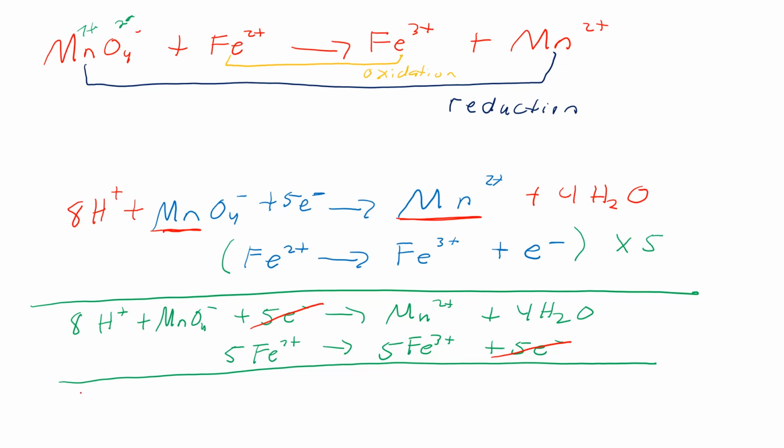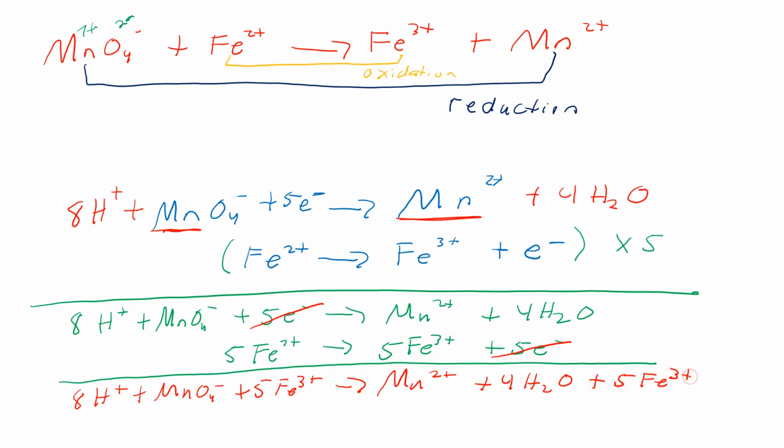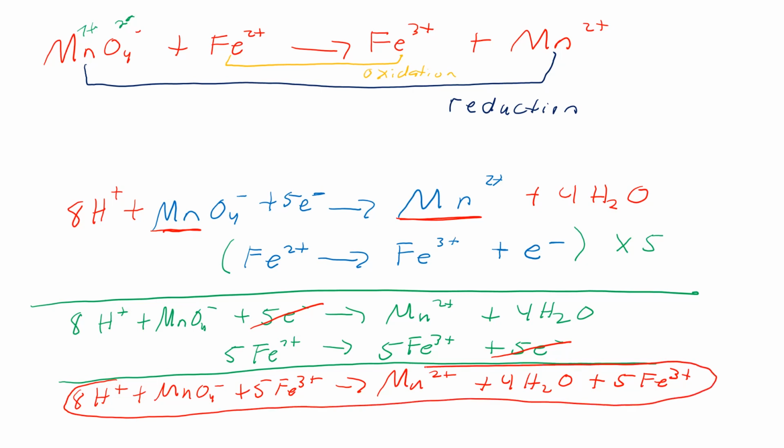We have 8H plus MnO4 negative plus 5 iron 2 positive gives us manganese 2 positive plus 4 waters plus 5 iron 3 positive. So this is our overall cell reaction.